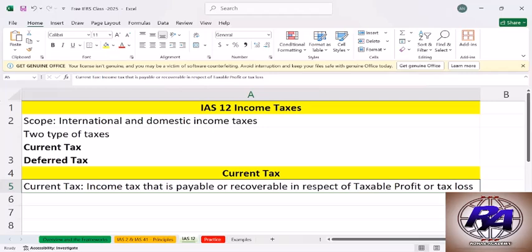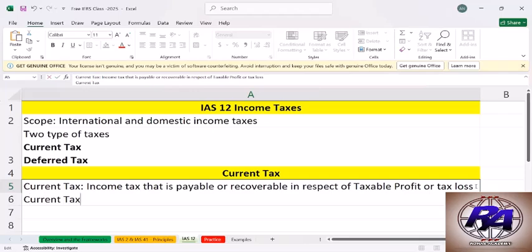If we want to present this in an algebraic form, we are saying that current tax should be equal to our taxable profits multiplied by our tax rate.